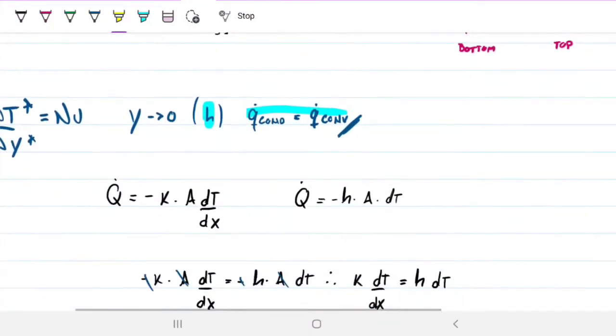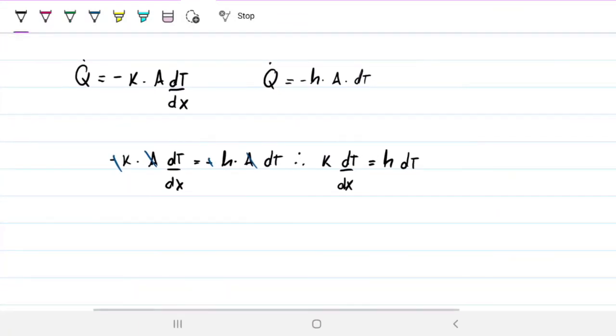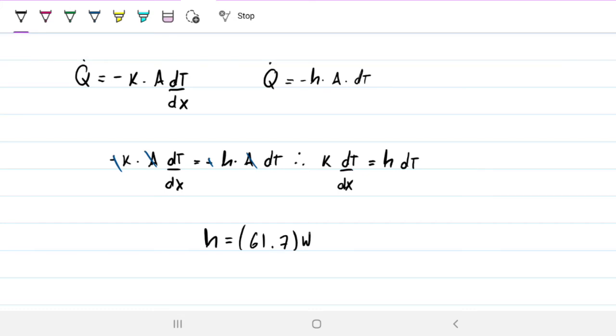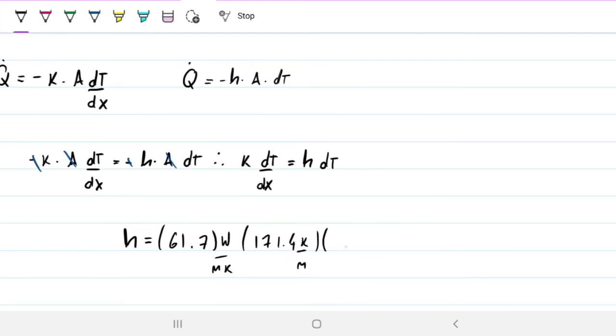So that means we can find our h at x tends to 0 by doing: h will be k, 61.7 watts per meter Kelvin, or Celsius for that matter, times dT/dx, which we found to be 171.4 Kelvin per meter, divided by dT on the convective side, which is 40 minus 25.